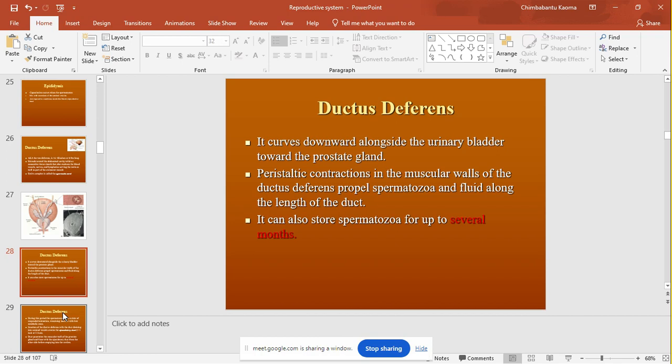We will very soon. So it is these peristaltic contractions in the ductus deferens that will help to propel your spermatozoa from the epididymis all the way to the urethra, basically. Not only is it responsible for the transportation of the spermatozoa between the epididymis and the urethra, but it can also serve the purpose of storage of the spermatozoa, and this can happen over several months.